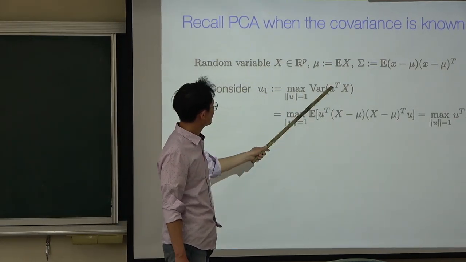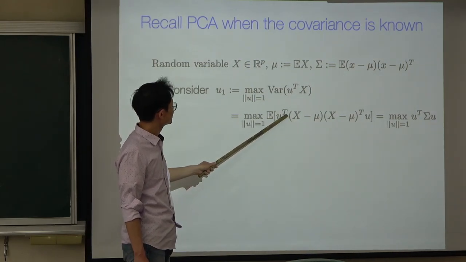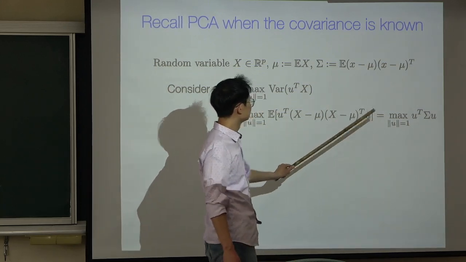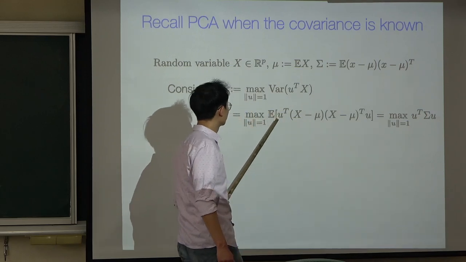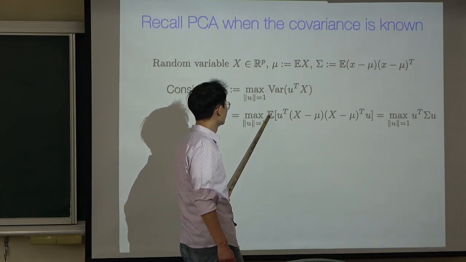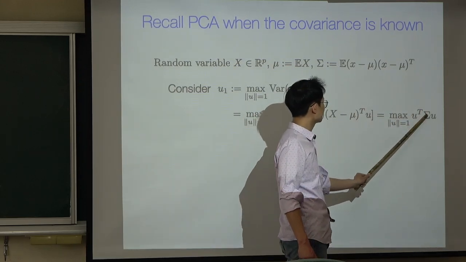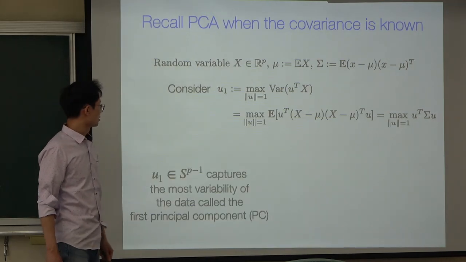And this is written in this way. If you do an expansion, this is the expectation of u transpose (X minus mu)(X minus mu) transpose u. Because expectation is linear, you move it inside, and you get u transpose sigma u, with the norm of u being 1.